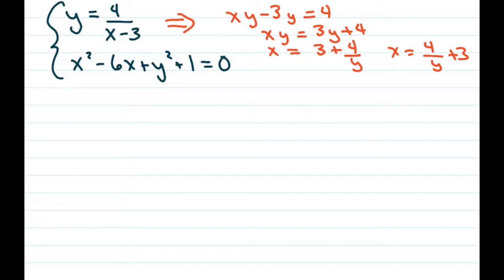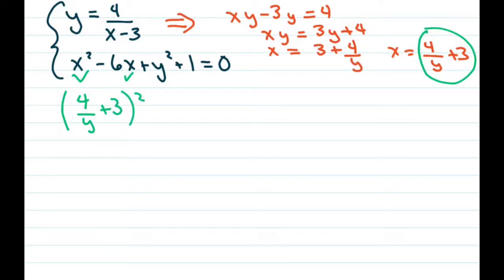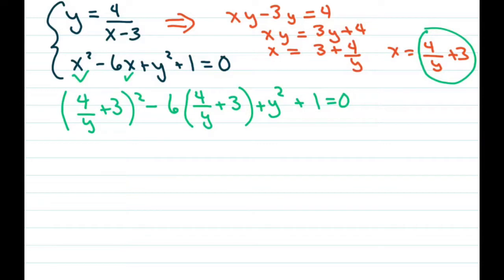Now I'm going to substitute this x into both of my x's here. So we're going to get (4 over y plus 3) squared minus 6 times (4 over y plus 3) plus y squared plus 1 equals 0. Now expanding this, we're going to get 16 over y squared. This is your (a plus b) squared, which should equal a squared plus 2ab plus b squared.